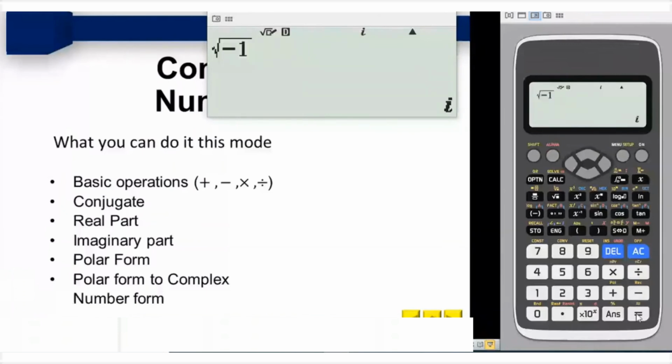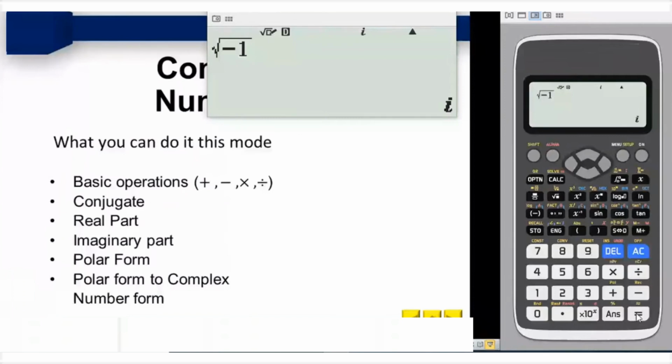So in this mode, we can perform basic operations, that is addition, subtraction, multiplication of complex numbers. We can solve the conjugates. Conjugates means a plus b will have a conjugate of a minus b. x plus y will have a conjugate of x minus y.